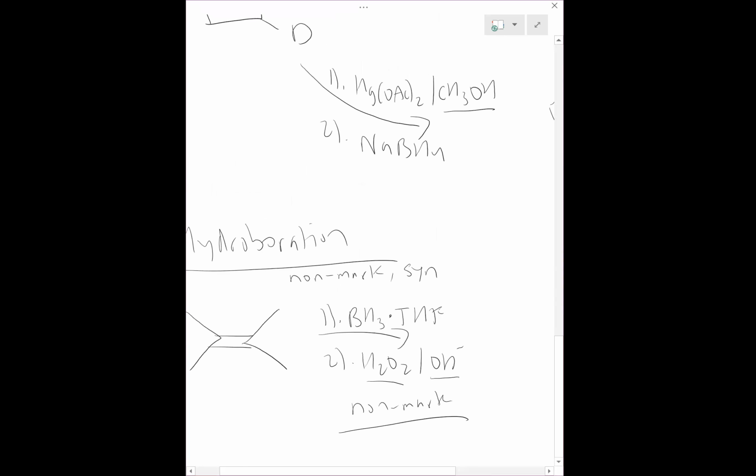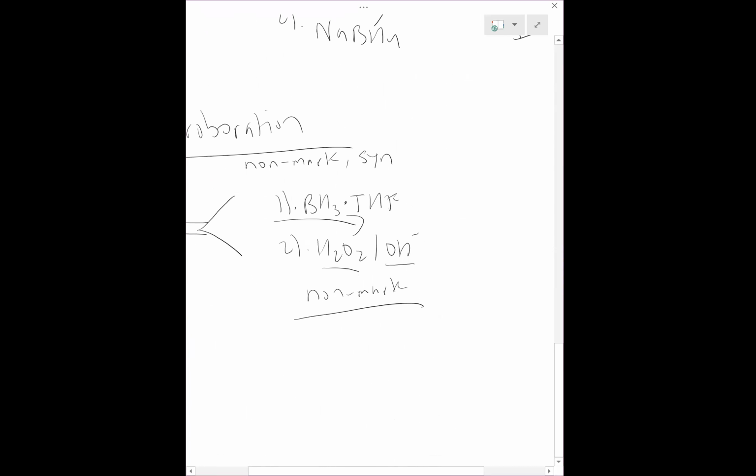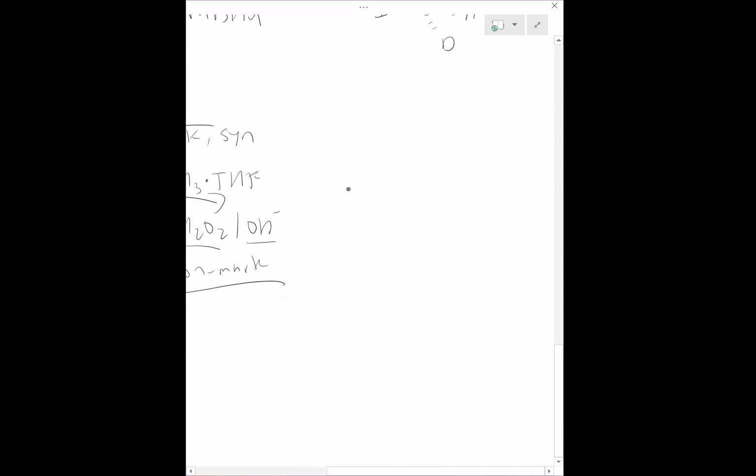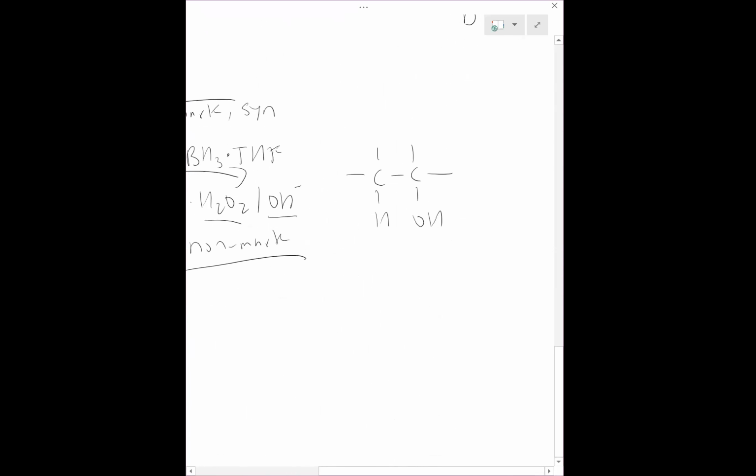So if it's syn, that means we're going to get something that looks like this. The H and OH will be on the same side. If it was anti, the H and OH would be on opposite sides. So it's syn.